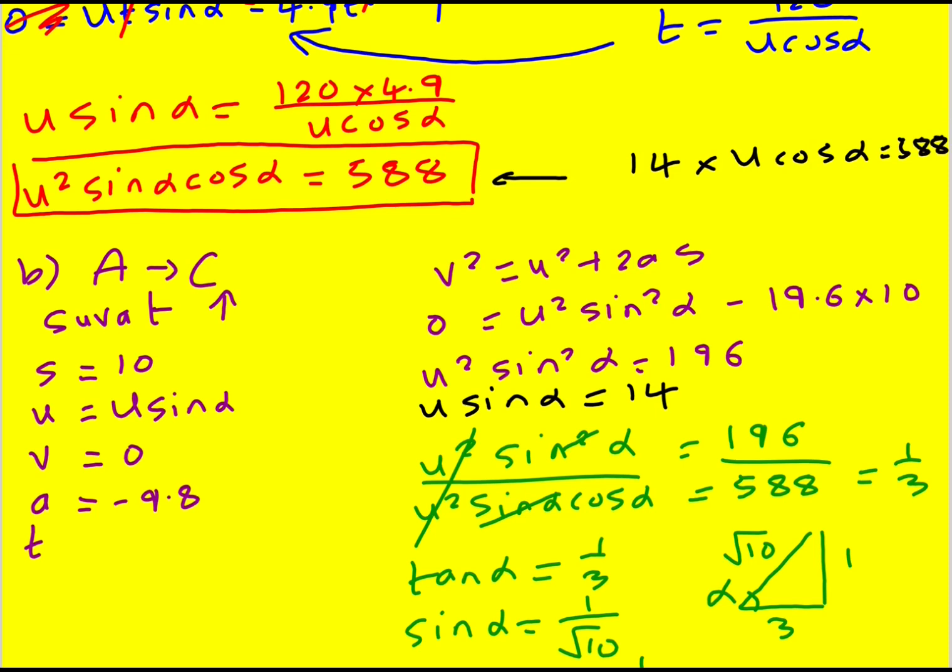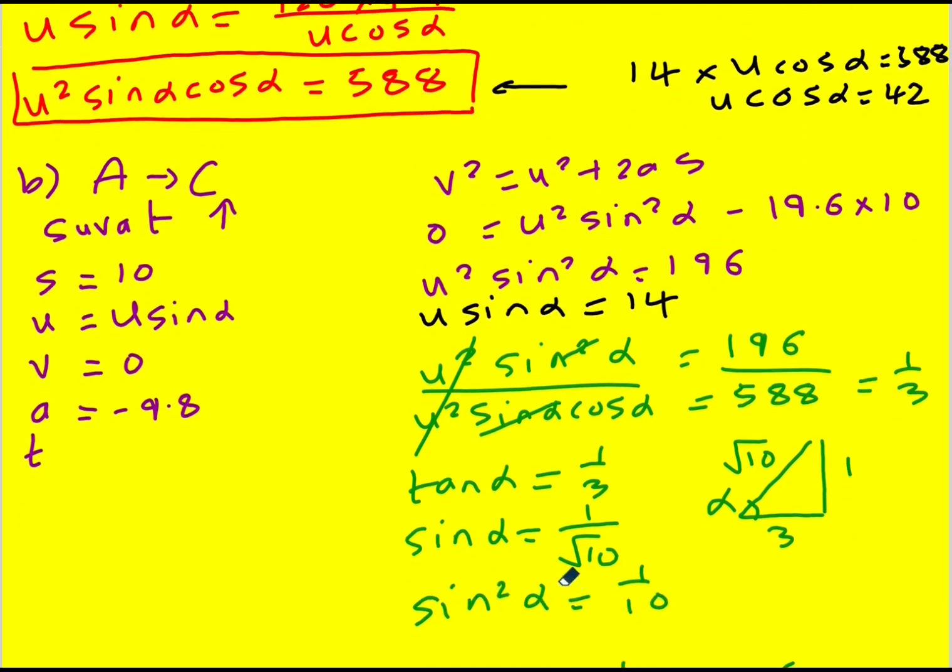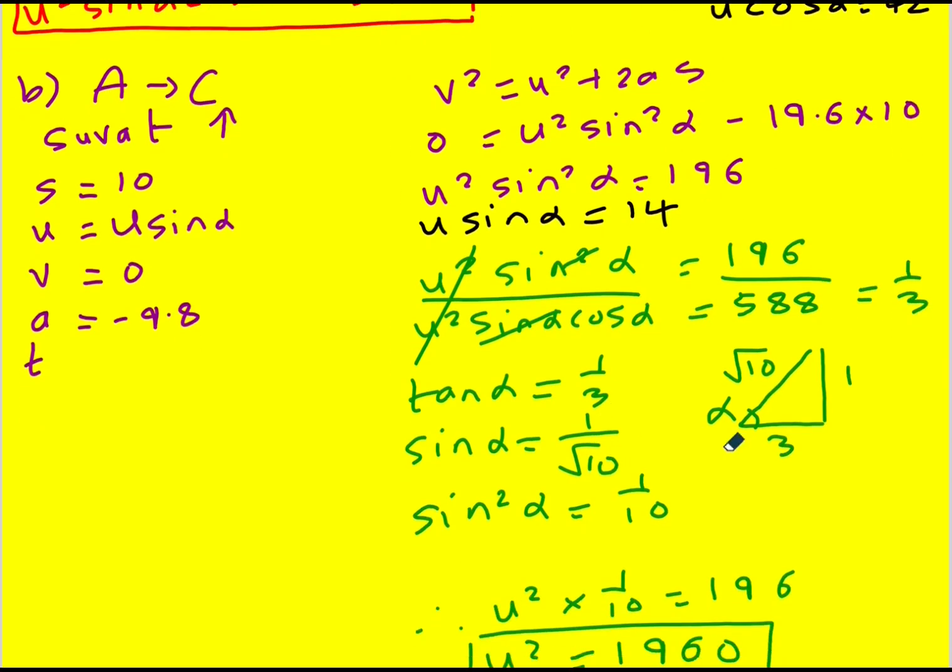Then we could do 588 divided by 14 to give 42. So u cos alpha equals 42. And we could then divide the two that I've just found to get tan alpha, and go from there. So that'd be another option.